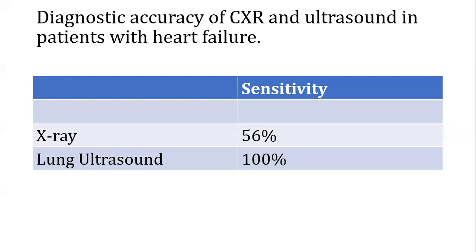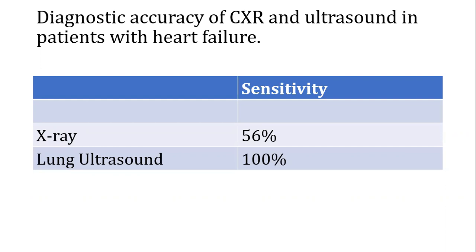But we have seen the D-dimers are elevated, and because they're elevated, we go to the CT scan, wanting to rule out pulmonary embolism. Fortunately, there is no embolism, but there is pulmonary edema and some pleural effusion.